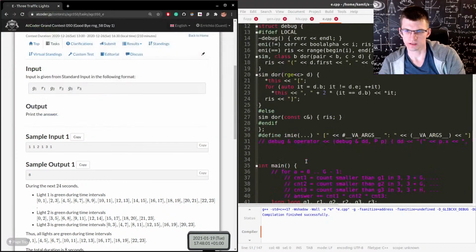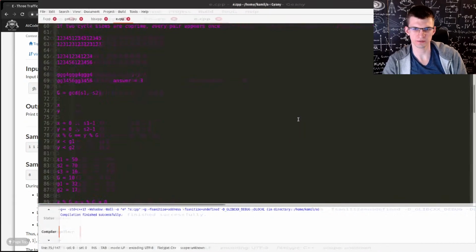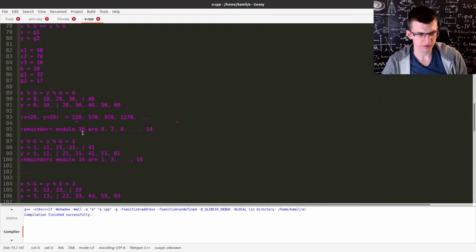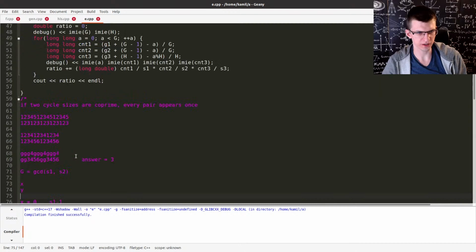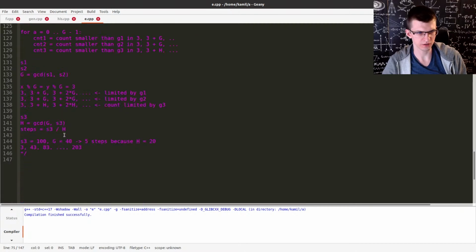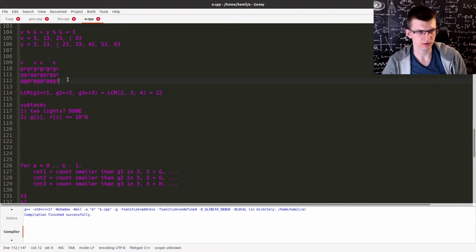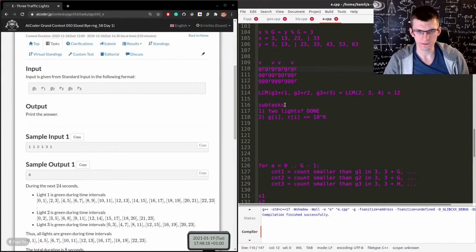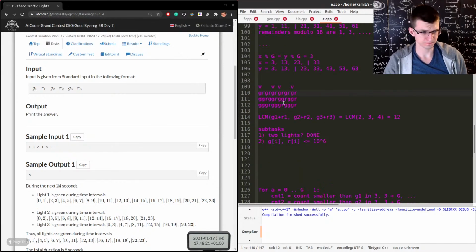Right, let's look at our analysis from before. Do I have something for this 2, 3, 4? I think I erased it, or maybe it was here. Yeah, this is the first sample test. So we need to be 0 modulo 2.